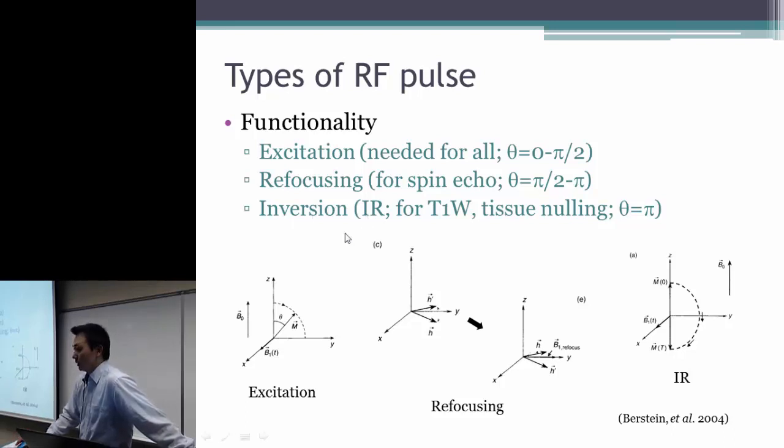It is used for inversion recovery, so it can give you heavily T1 weighted images. It can also give you some tissue nulling if we carefully choose the correct inversion time. And usually the inversion recovery pulse is strictly pi, 180 degrees. So here are some of the principles of those RF pulses that you have already seen before.